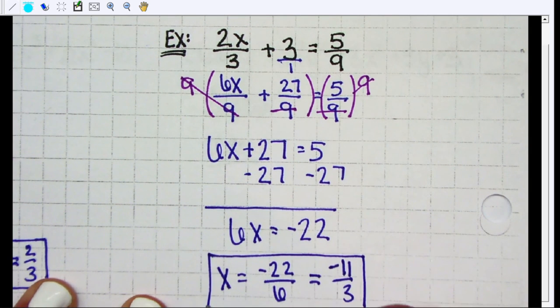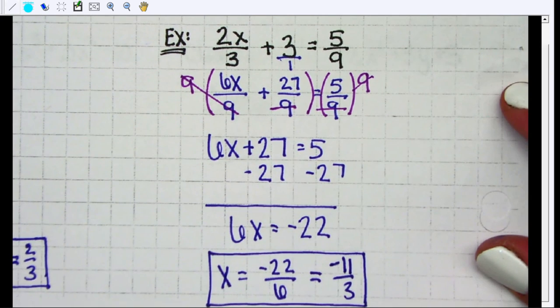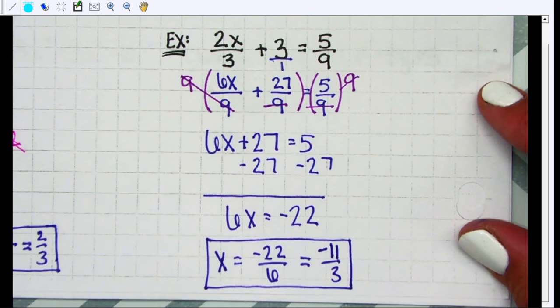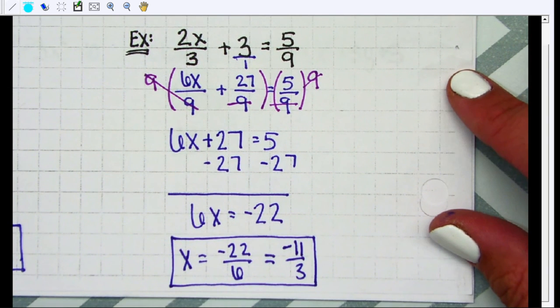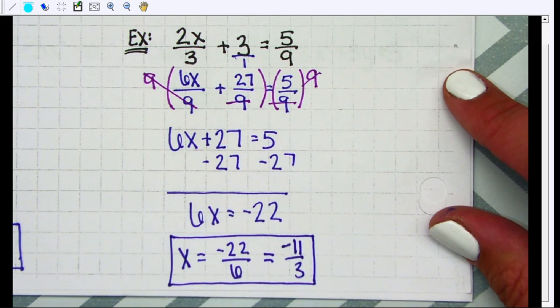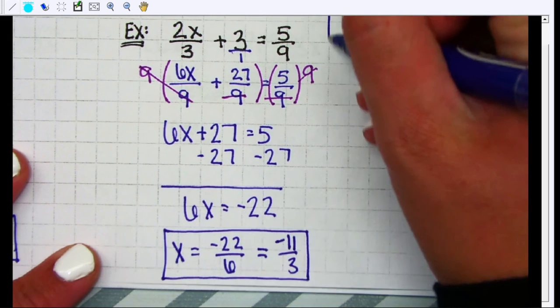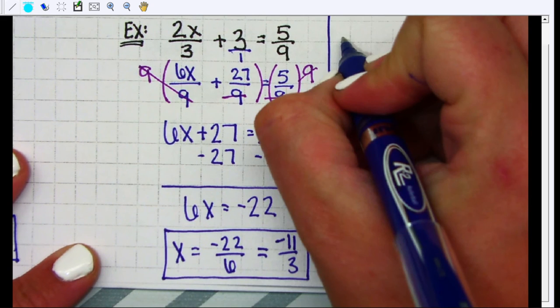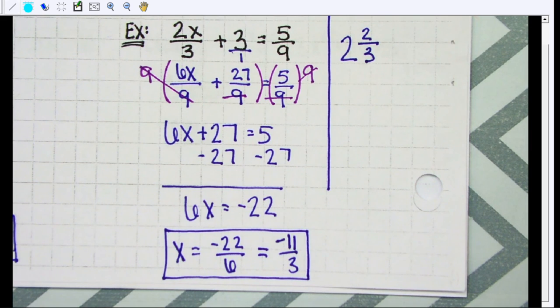One thing I do want to make sure that you understand about fractions: on your test from yesterday, there were some problems that had like 2 1/3. Do you guys know how to put those back together? So I'm just going to do a little side note over here. If I have like 2 2/3, do you know how to put that into an improper fraction?